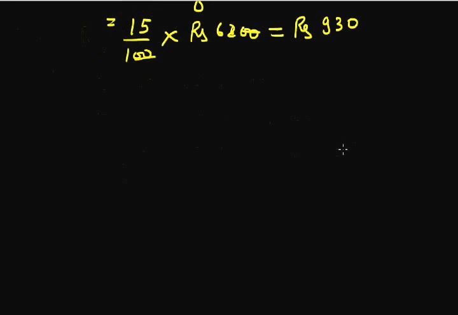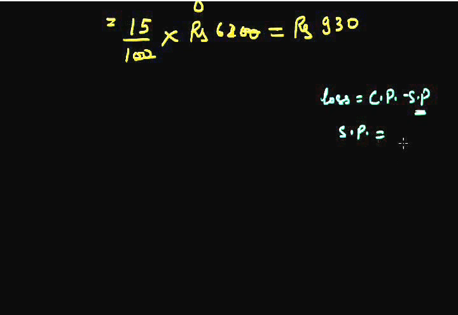Now since there is a loss, and we know that the loss is equal to the cost price minus the selling price, to calculate the selling price we have to subtract the loss from the cost price. That is, selling price will be equal to cost price minus the loss.